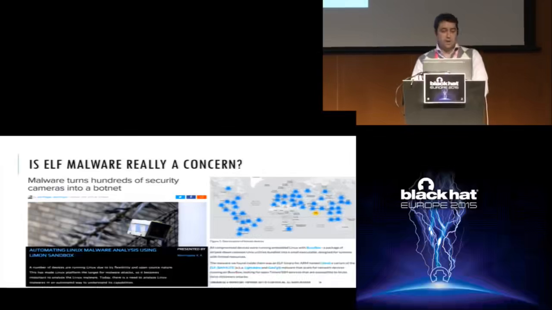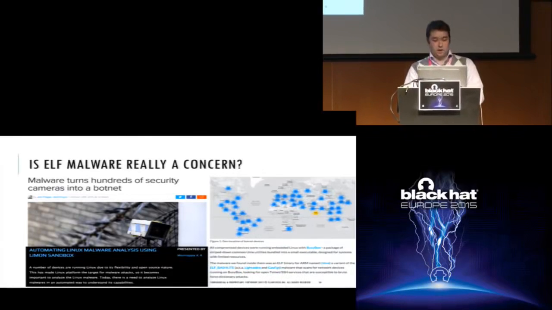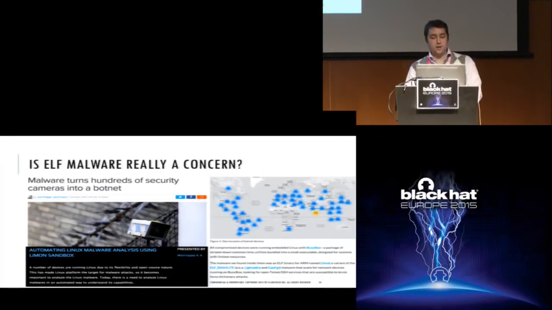Even yesterday there was a talk by Monapa. I saw that talk, the Linux malware Limon sandbox talk. There's still, in the grand scheme of things, a small amount of ELF malware. And in this particular case, it was the first I heard of where ELF malware actually turned into a botnet. These were actually security cameras that were running Linux.